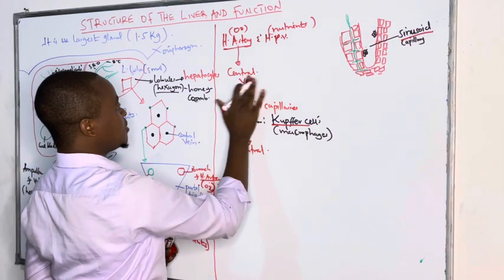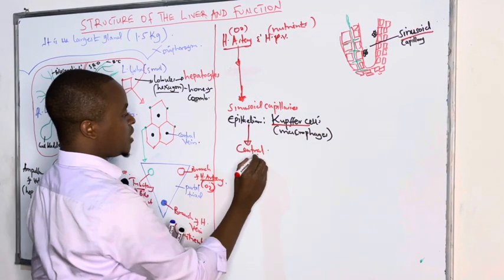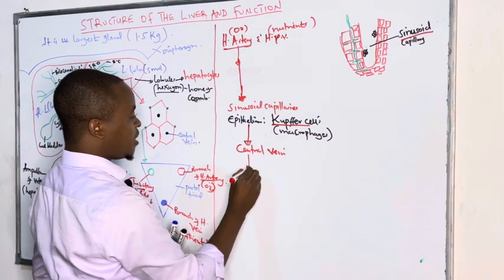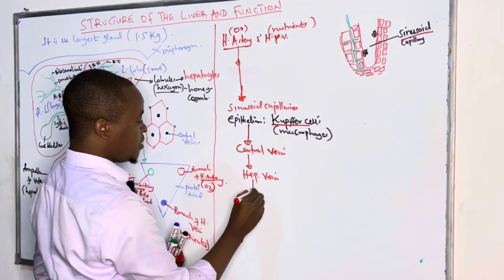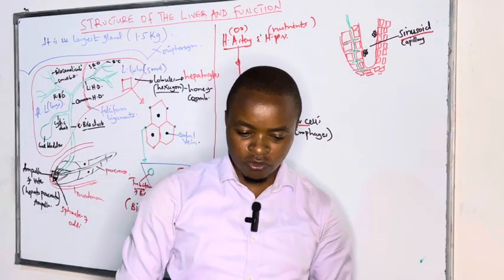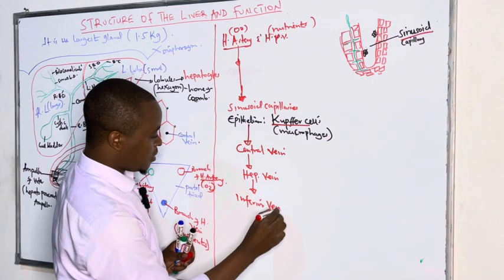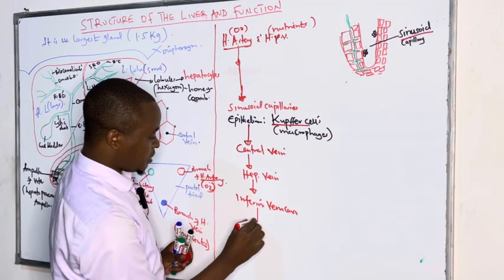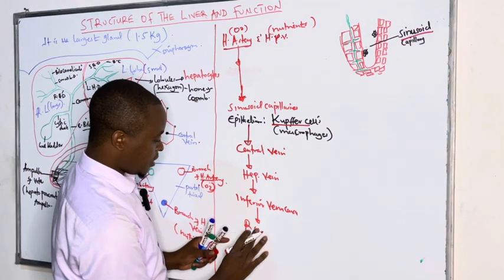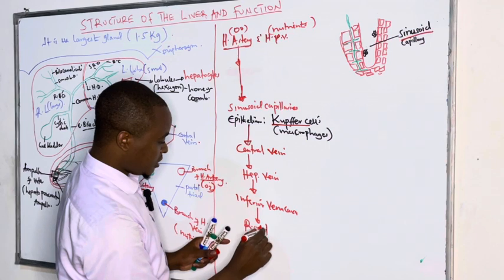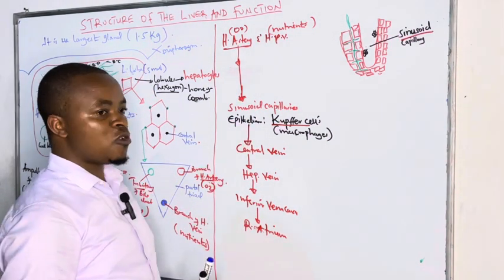Actually, the hepatic duct is leading directly to the sinusoid capillary, and then the sinusoid leads to the central vein, and this central vein supplies to the hepatic vein, and this hepatic vein is the one that gives this blood to the inferior vena cava, and this inferior vena cava delivers this blood to the right atrium of the heart. So this is basically the blood supply of the liver.